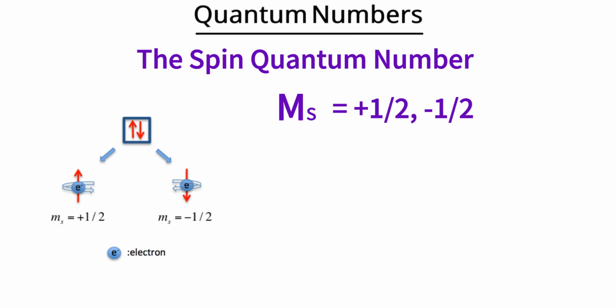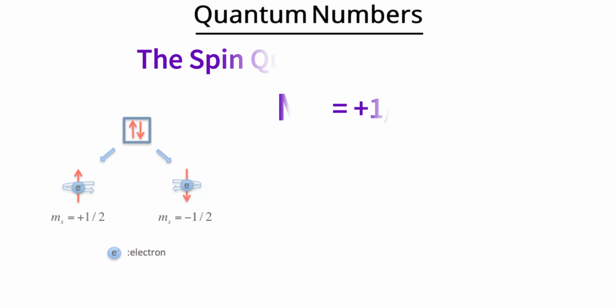Think of this as whether the apartment is occupied by a person who is right-handed or left-handed. It represents the inherent property of the electron, describing its spin in one of 2 possible directions. You can have only 2 possible values, upspin or downspin, much like a person can be either right-handed or left-handed.